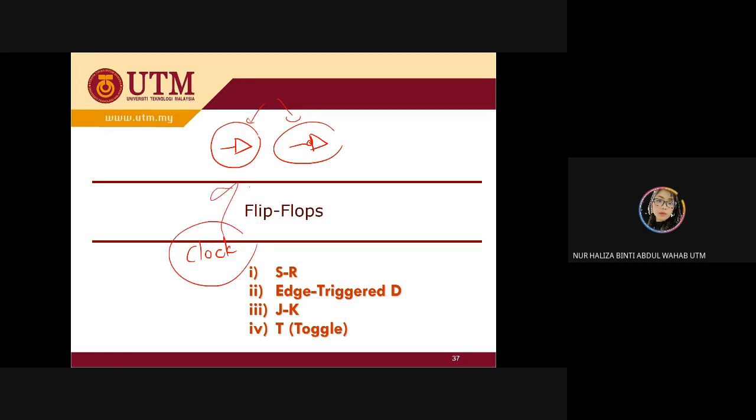When you have this symbol, last time you had your SR latch, and if you have the EN here, you have EN. But when you have something like this, with or without the bubble, this is the clock. And this is the only thing that lets you say this one is a flip-flop, although you can see it is quite similar to the SR latch.